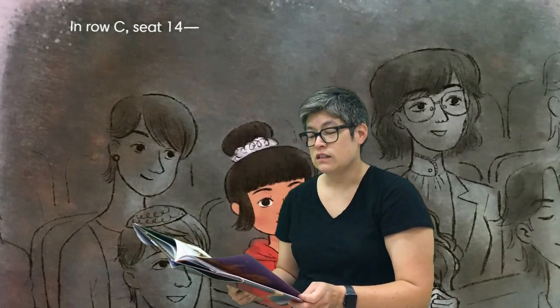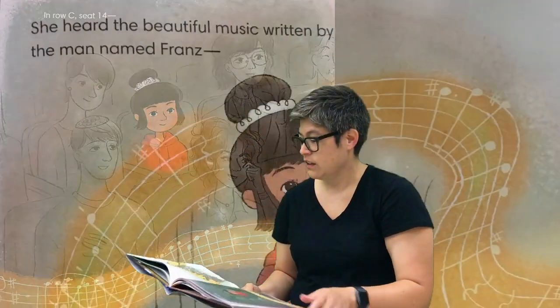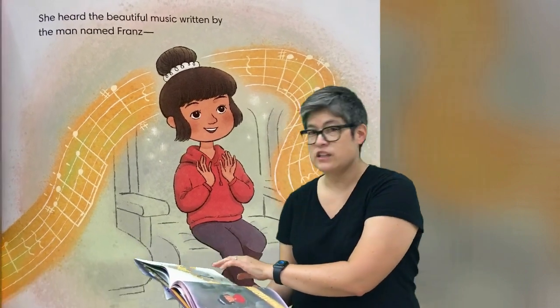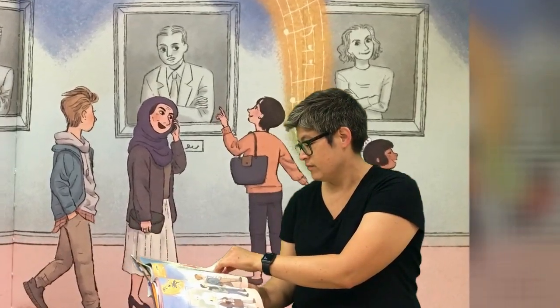In row C, seat 14, sat the girl with the uncle's ticket. She heard the beautiful music written by the man named Franz, and it changed her. The girl was changed.